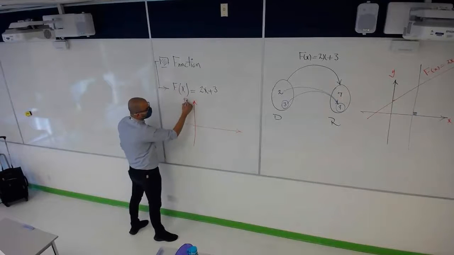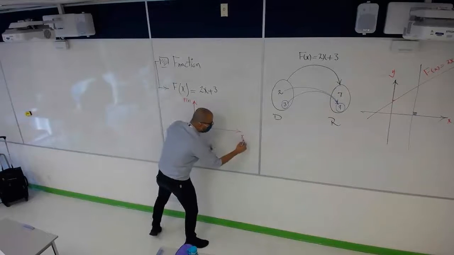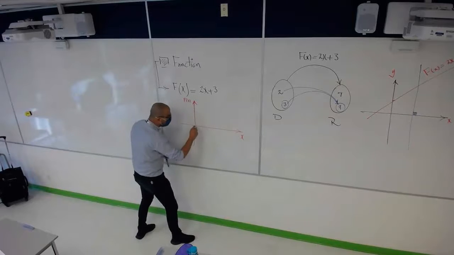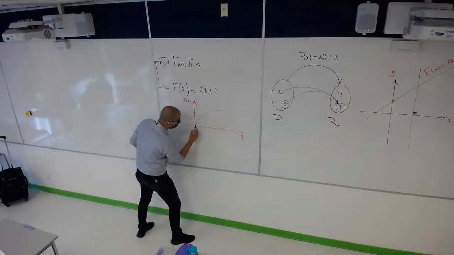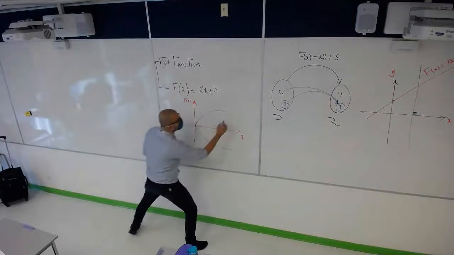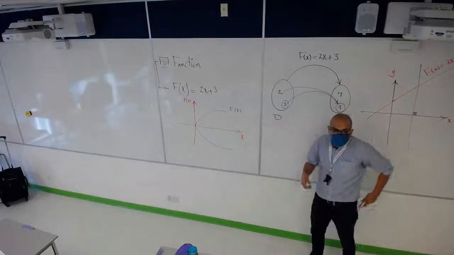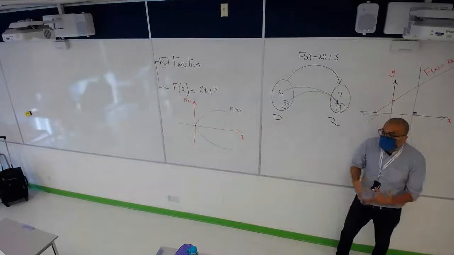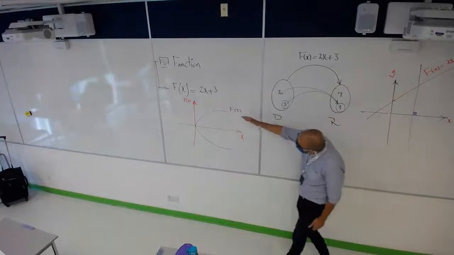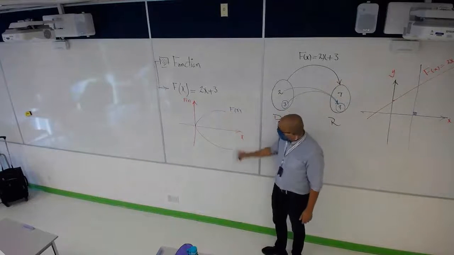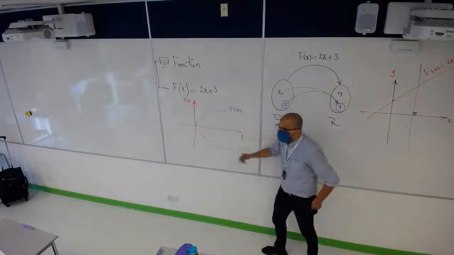You have f of x, you have x, and now I plot the function like this. I don't need to learn how to plot it. But I know that if I plot that function, it's just the graph of that function.